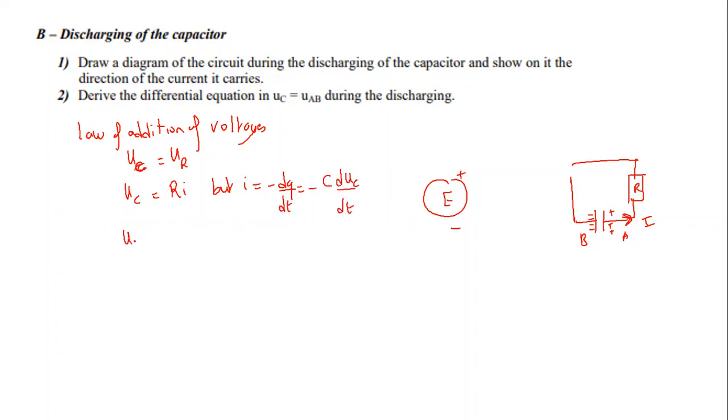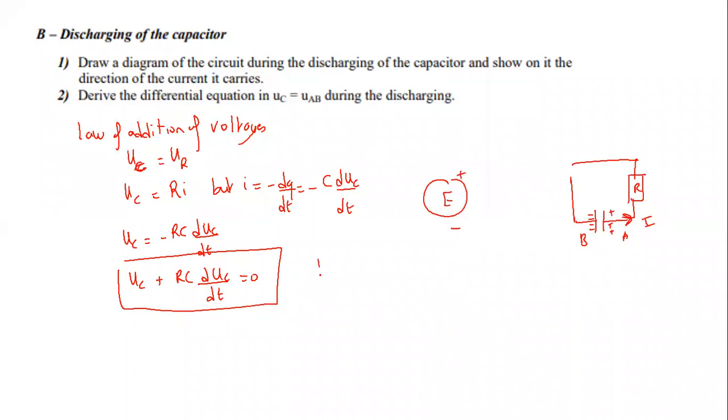I substitute, then I get UC equals minus RC duC by dt. I bring this here, so we get UC plus RC duC by dt is equal to 0. This will be our differential equation. We can also divide by RC, so we get duC by dt plus UC over RC is equal to 0.